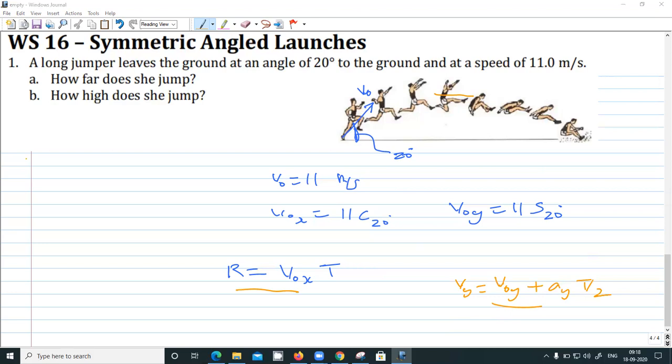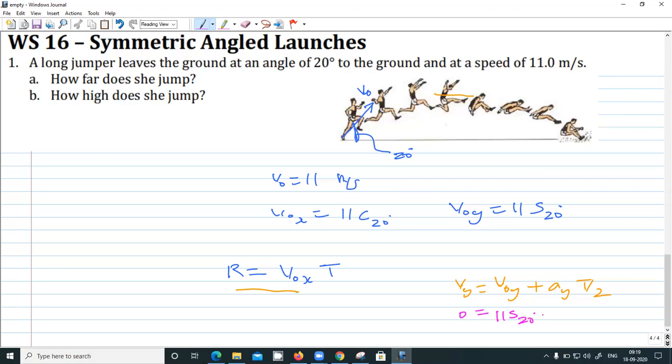So from this, how do you get t? At the maximum height point, what is Vy? At the maximum height, Vy is 0. And what is v naught y? 11 sine 20, right?